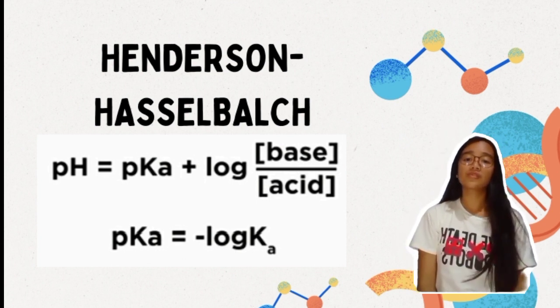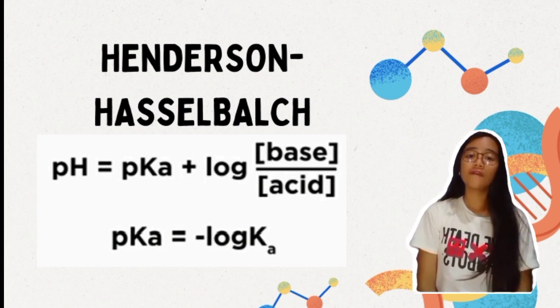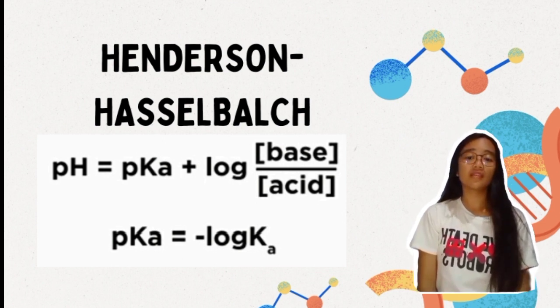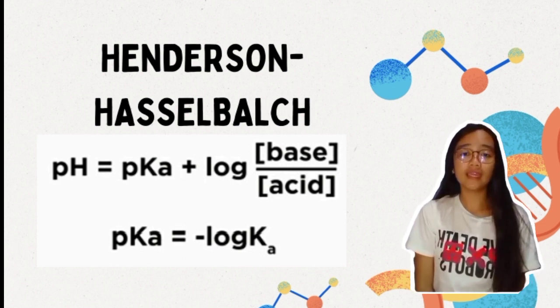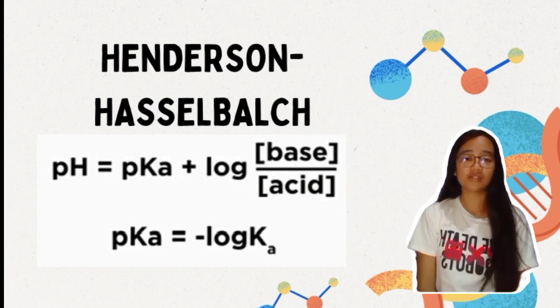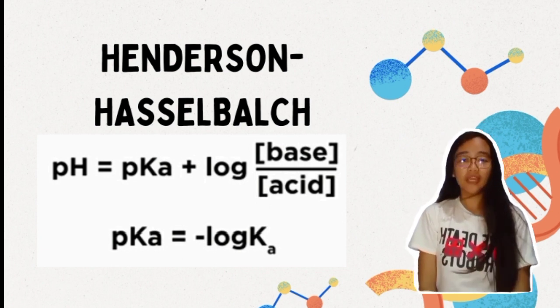What this shows us is that in order to create a buffer solution of a desired pH, we must use an acid-conjugate base pair where the Ka is approximately equal to the desired hydronium concentration, or rather, where the pKa is equal to the pH.